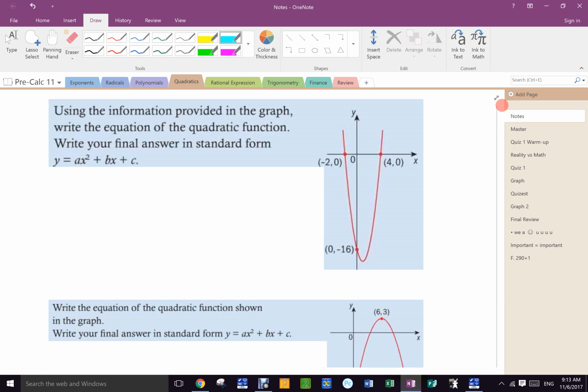Now, let's use what we know to solve this question. Where do I need to get to? Standard form. What do I know? What do I know from this graph?